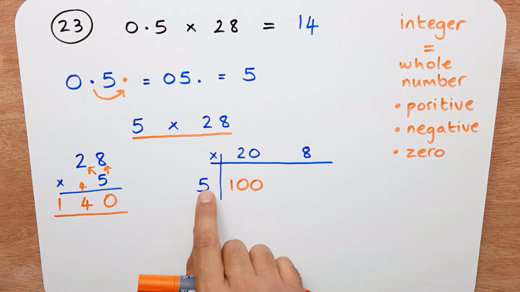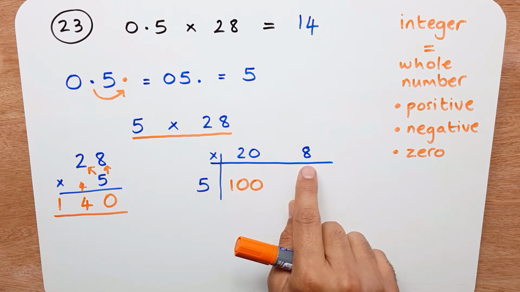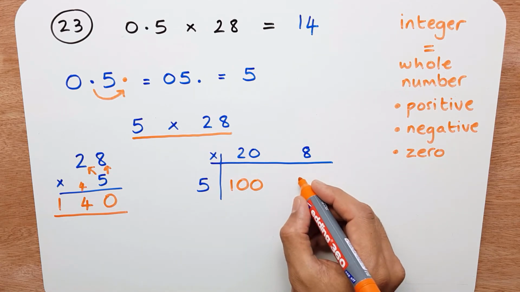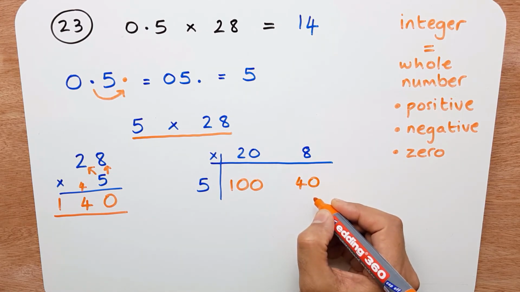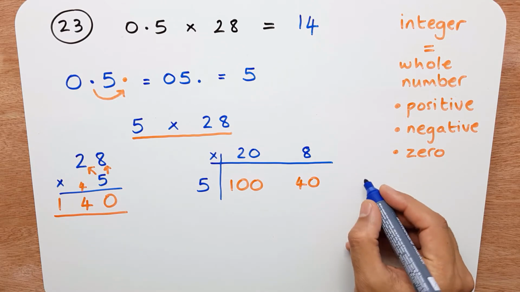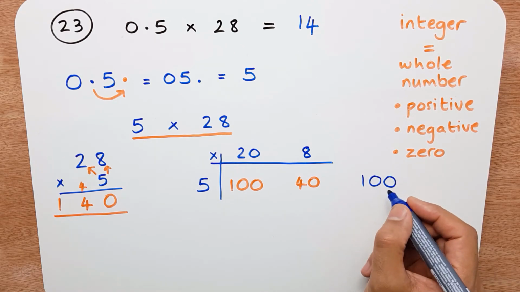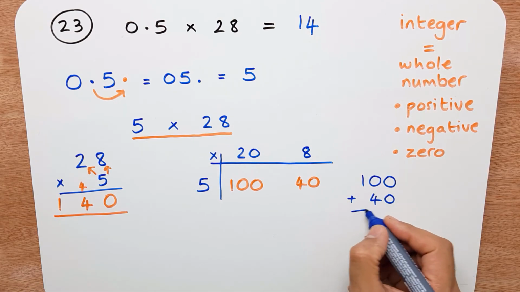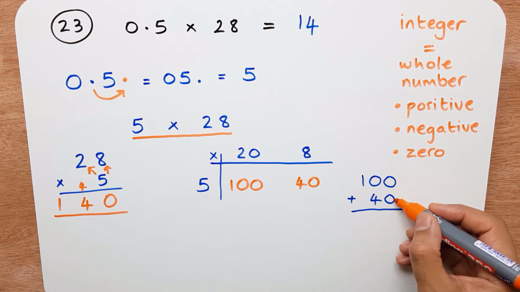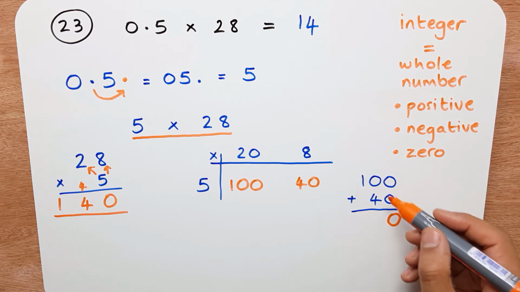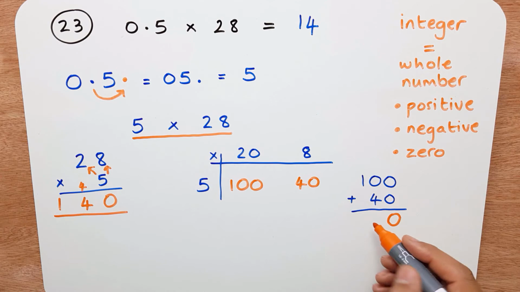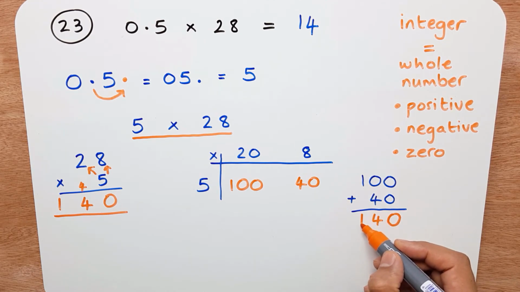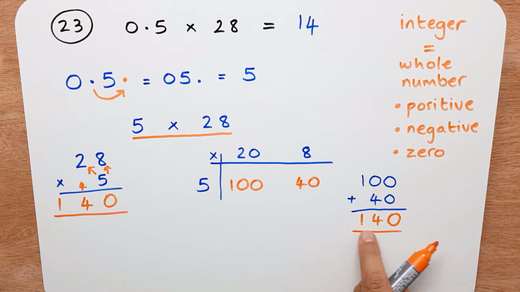Now I need to do 5 times 8. And if I know my times tables, 5 times 8 is 40. So let's do that here. 100 add 40. 0 add 0 is 0. 0 add 4 is 4. 1 add nothing is 1. So the number is 140.